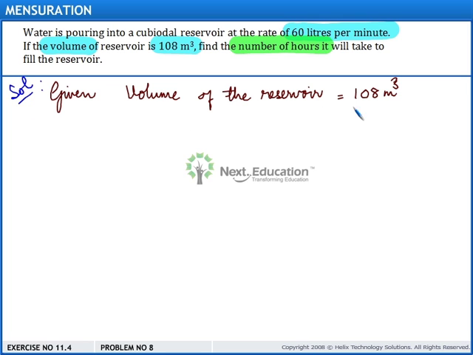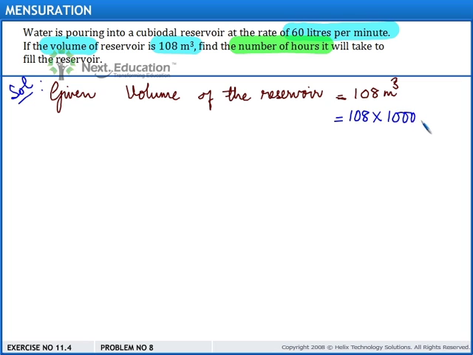Given the volume of the reservoir is 108 meter cube. Now let us convert this into liters, which is equal to 108 multiplied by 1000 liters.